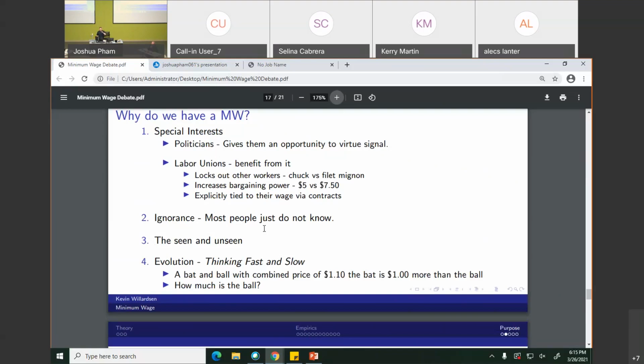It makes sense on the surface, such that, well, if you want to help poor people, just raise their wage. But if you don't sit back and think that there might be some sort of quantity effect here, it seems plausible on the surface that we're benefiting these people when we're in fact not.